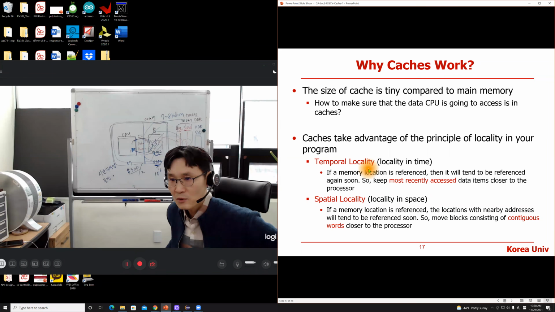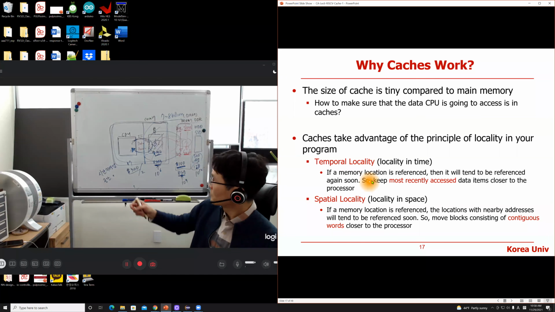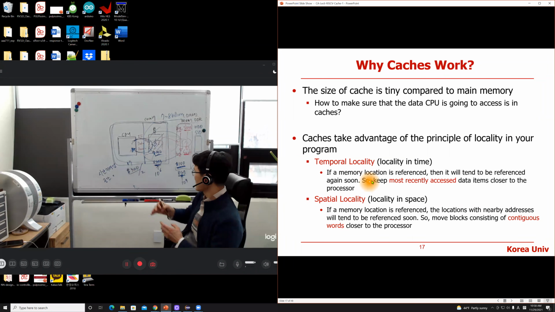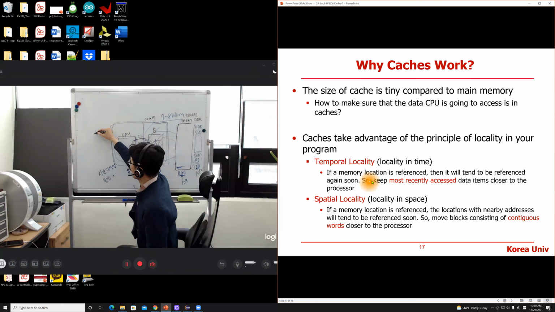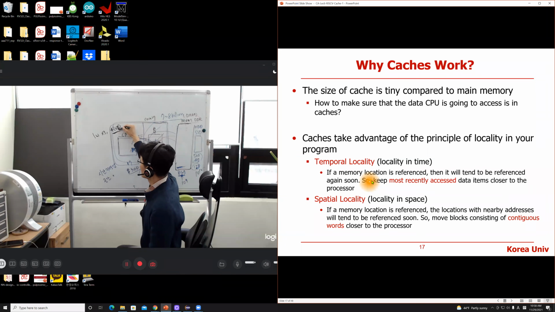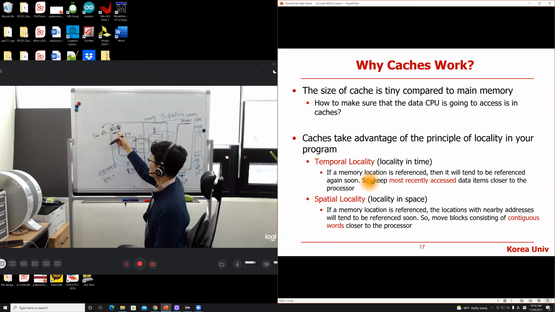Temporal locality. What does that mean? If a CPU accesses one specific memory location, let's say CPU executed LW, memory read instruction, X5, 4(X3). Let's say X0 is 0. So reading data from location 4, placing it into X5 register.